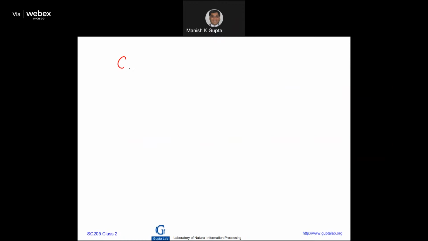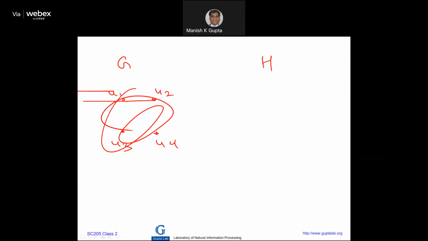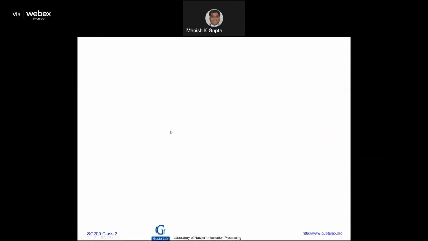Look at these graphs G and H. There are two graphs. G equal to (V, E), H is equal to (W, F). U1, U2, U3, U4.